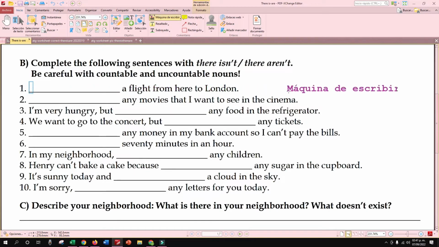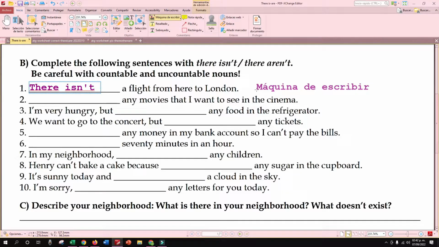Okay, look at that word, a flight, right? That is singular, so there isn't. You're going to use that. There isn't a flight from here to London, right?